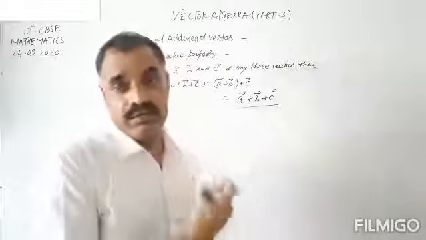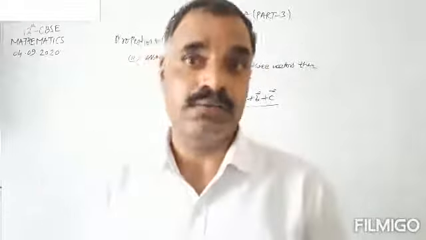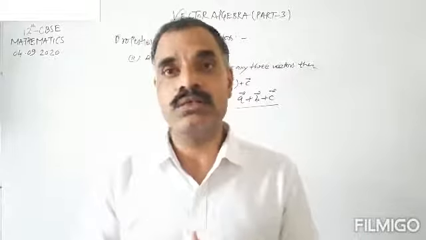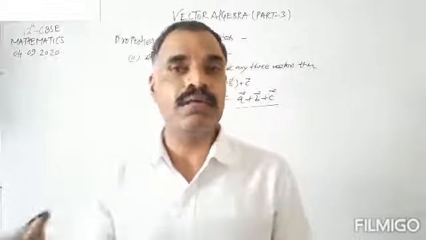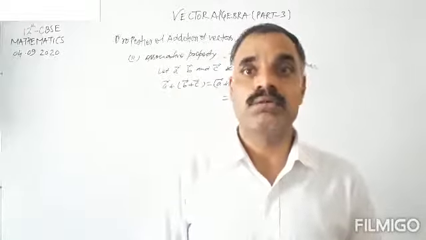So here in the associative property we got the idea about the addition of two or more than two vectors. Two or more than two vectors, meaning 3 vectors, 4 vectors, 5 vectors, can be added without making any group. Okay, so this is the associative property.